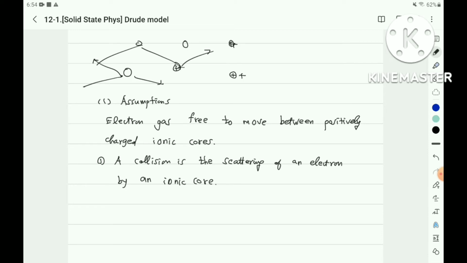Likewise, we neglect the interactions between ionic cores and electrons and consider only the scattering. In a crowd, we do not take into account man and woman, only that people can be treated as scattering centers. There is a similar idea.